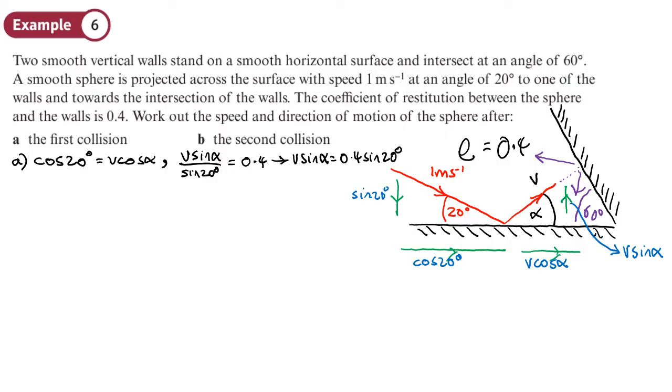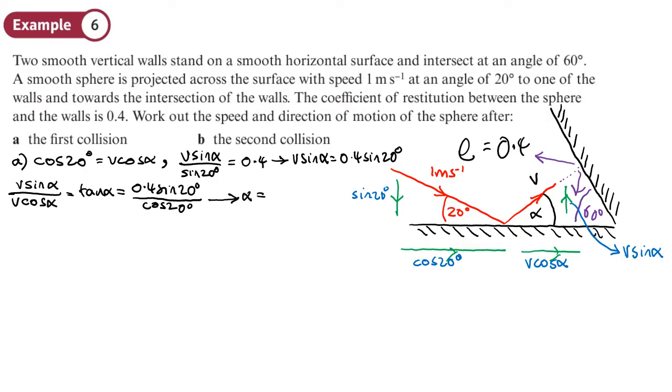So now I can do V sin alpha over V cos alpha to get tan alpha, and tan alpha will be equal to 0.4 sin 20 over cos 20. So doing the tan inverse of that will give me alpha.